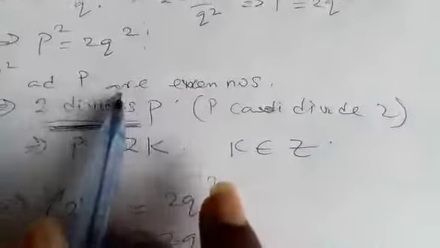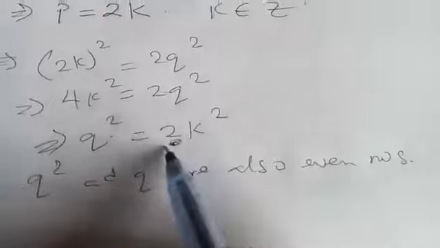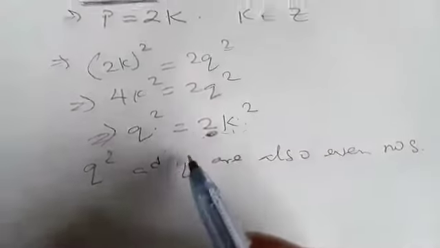They are even numbers as well, just like P squared, because Q squared is equal to 2 times something. And we know that K is an integer. 2 times whatever integer we have there will be even. So it will be even.